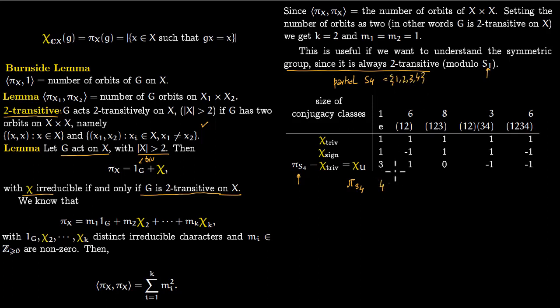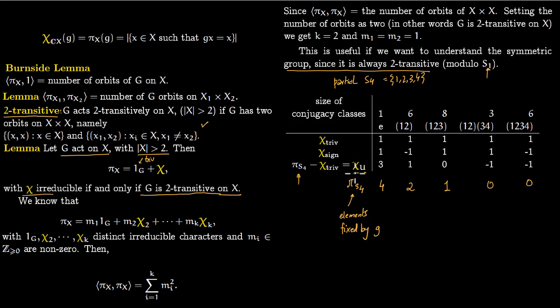When 1 and 2 are permuted, 3 and 4 are fixed, so 2 elements are fixed. When 1 2 3 are permuted, only 4 is fixed, so 1 element is fixed. In the last class, none of the elements are fixed, so 1 2 3 4, none are fixed. So this is our permutation character pi of S4, the number of elements fixed by g, where g corresponds to the conjugacy class.